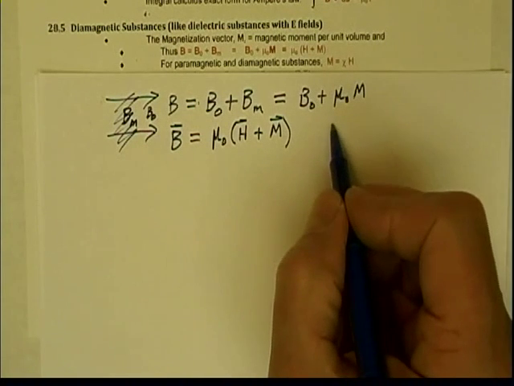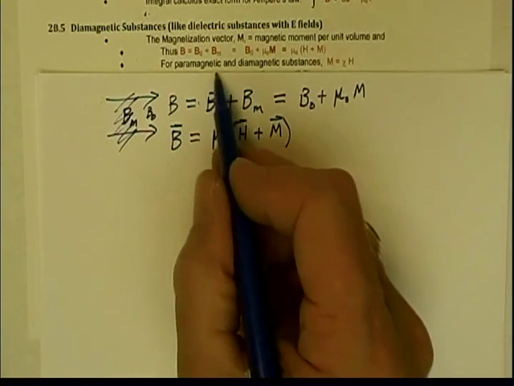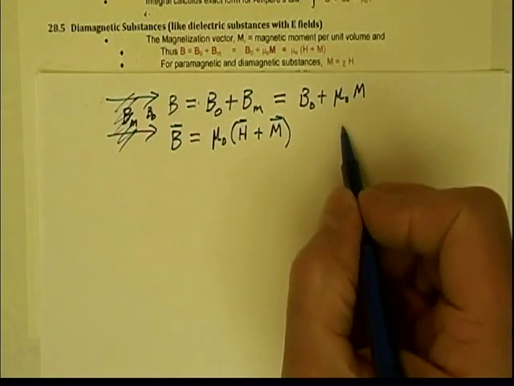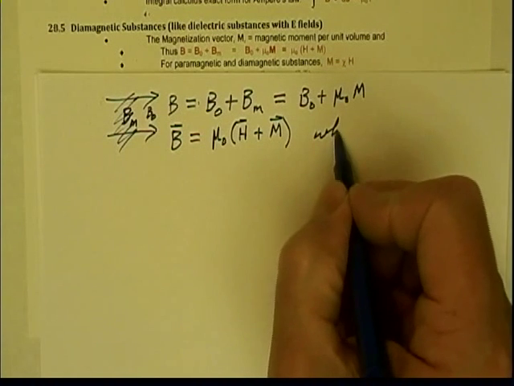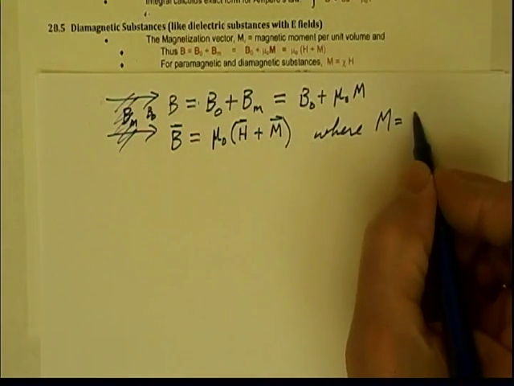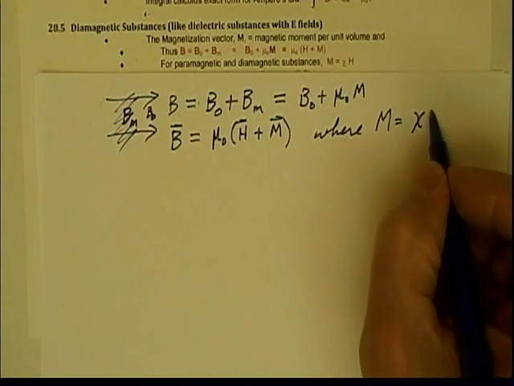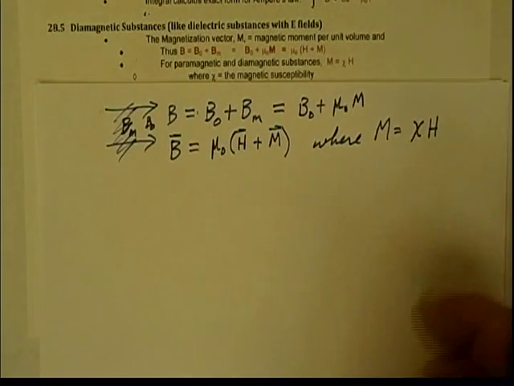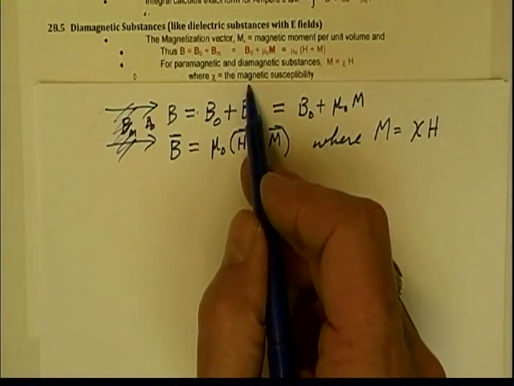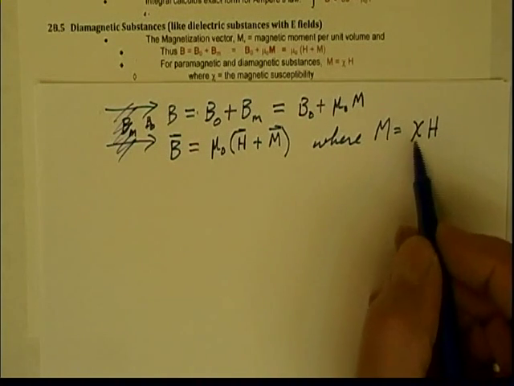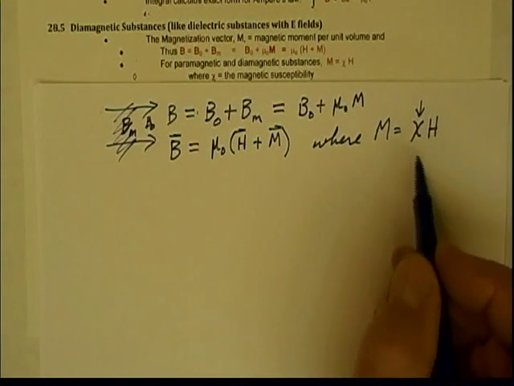Now what is that relationship? It turns out that for two types of substances, paramagnetic and diamagnetic substances, the relationship is linear. So we can write the magnetization equal to a number called chi times H. And of course different substances have different chi. Chi is called the magnetic susceptibility.